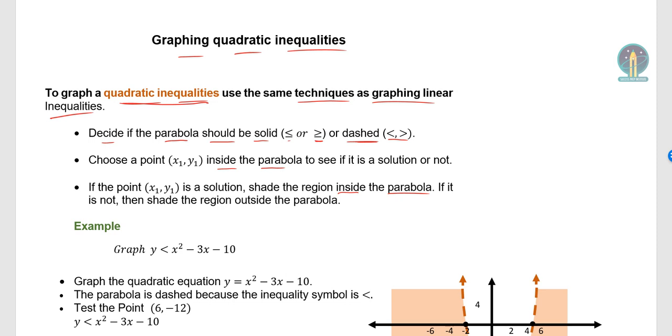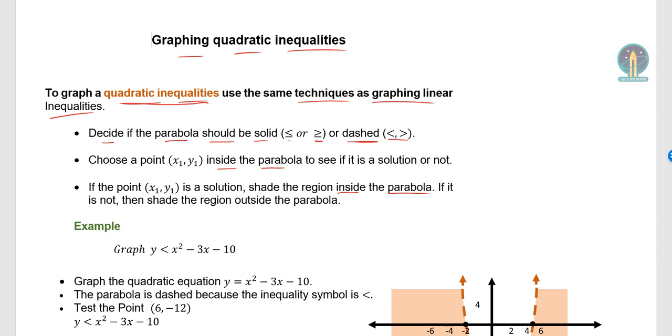Conversely, if you chose a point outside the parabola and you plug it into the inequality expression and it gives you a true mathematical inequality, then you shade the region that's outside the parabola.